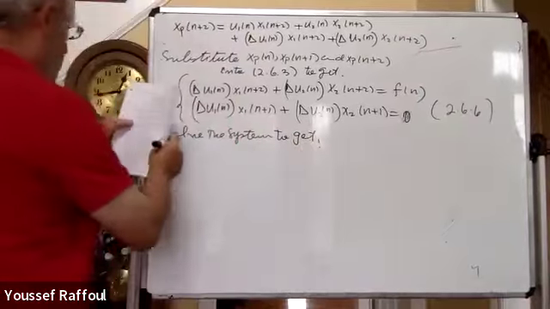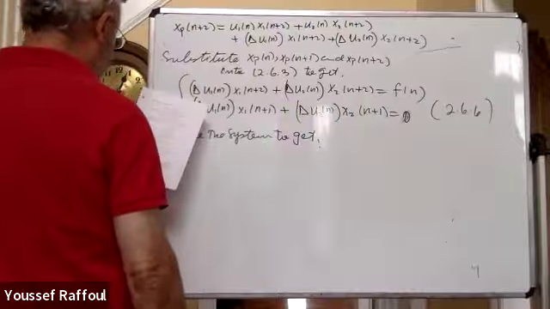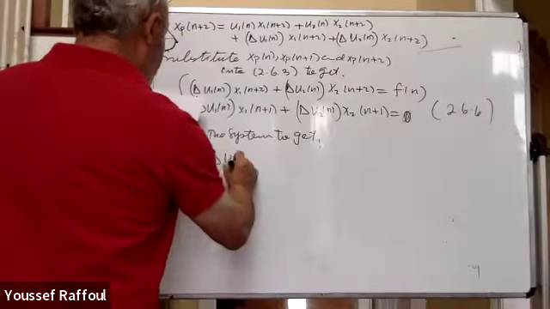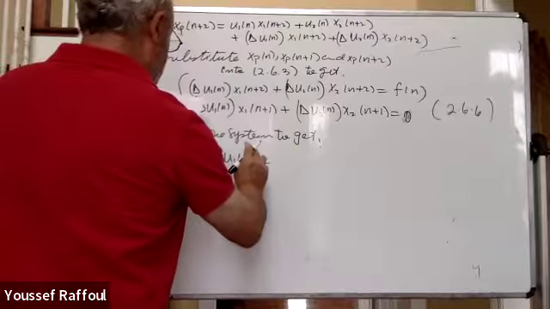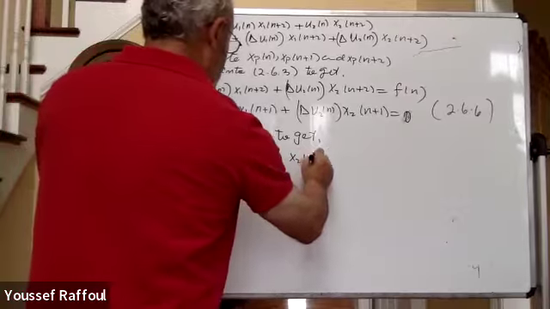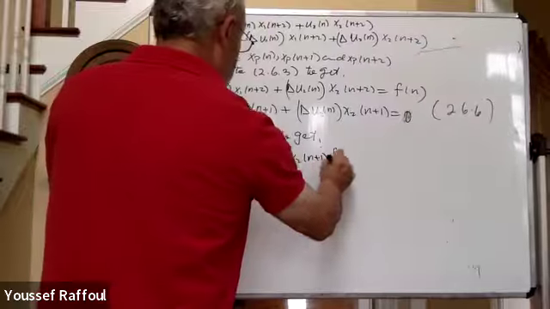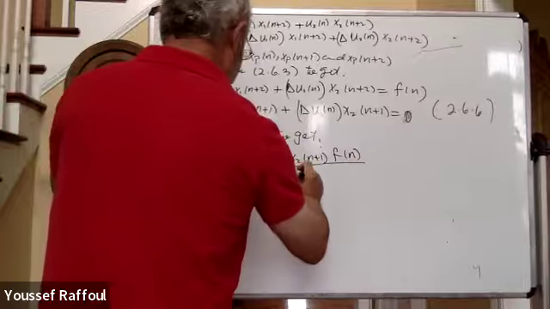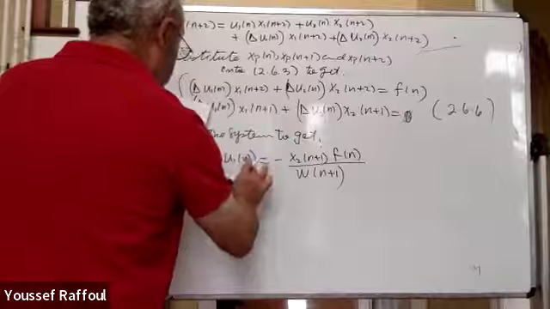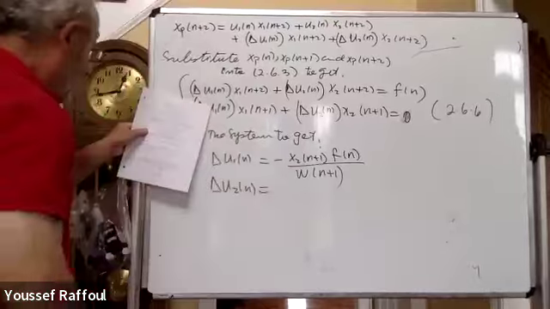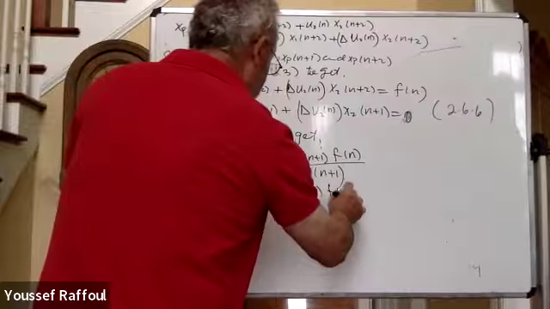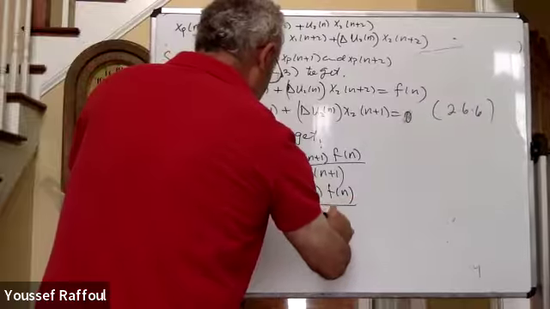To get del u1 of n equal to minus x2 of n plus 1, fn over w of n plus 1, and delta u2 of n equal to x1 of n plus 1, fn over w of n plus 1.